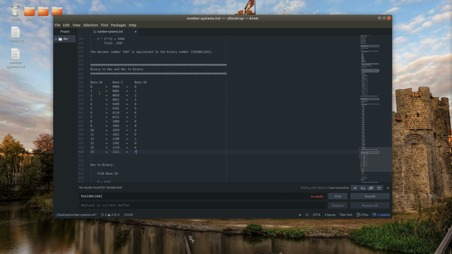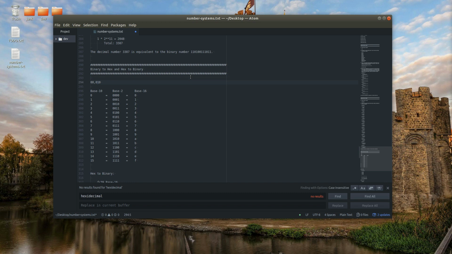Okay, so 0, this is the base 10 value, it's 0 to 15. The binary value of 0 is 4 zeros. Even in the decimal system, we can have a leading 0. If I gave you the number 0010, that's just the number 10.